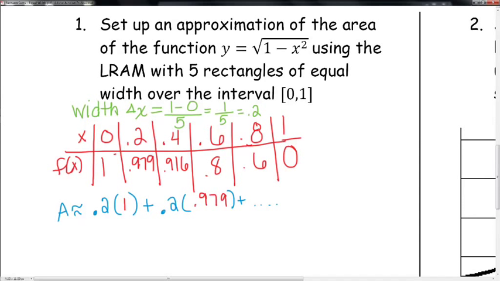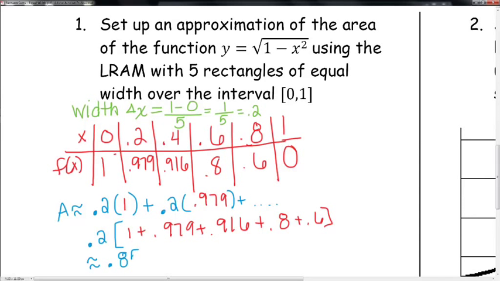You notice I'm multiplying by 0.2 each time, so instead I can factor it out and multiply by 0.2 at the end. I just add 1 plus 0.979 plus 0.916 plus 0.8 plus 0.6, and then at the end multiply by 0.2. When I do that, I get 0.859. And so that is the approximate area underneath the curve.